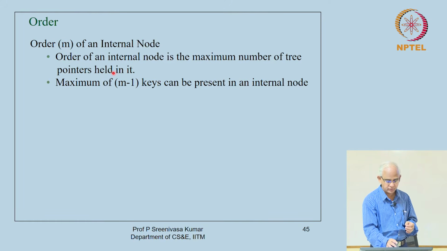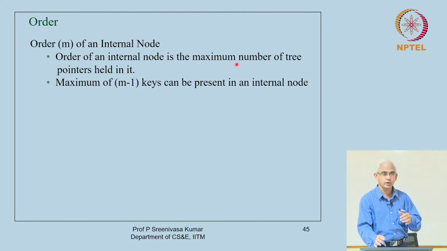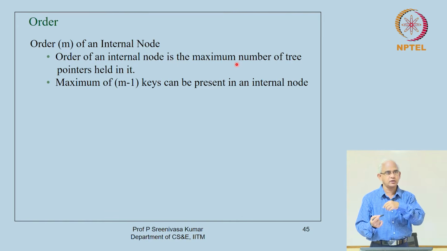If say 4 pointers are held in it, in order to guide the search you only need 3 keys. In a binary search tree you have 2 pointers, to guide the search to either the left or the right, you need 1 key. If it is less than that key you will go left, if it is greater than that you go right.